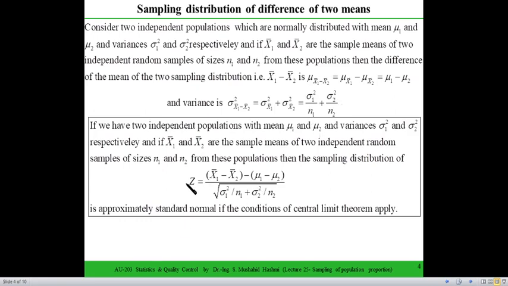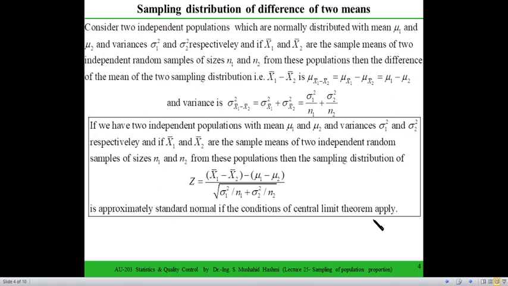And we can see that this z would be another random variable, which is a standard normal distribution, and this would be true if the condition of the central limit theorem applies.